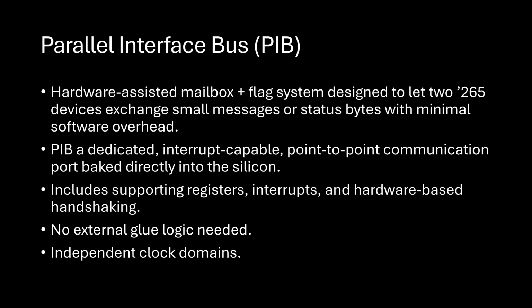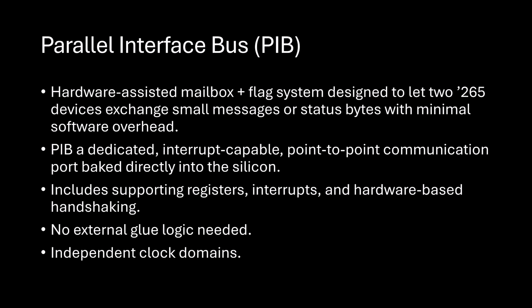So what is this parallel interface bus? Here's some information I'm kind of putting together to talk about it. It's really hardware. This is part of the 265 microcontroller. And it's really a way for me to have point-to-point communication between microcontrollers. So again, in my case, it's a pair of 265s.